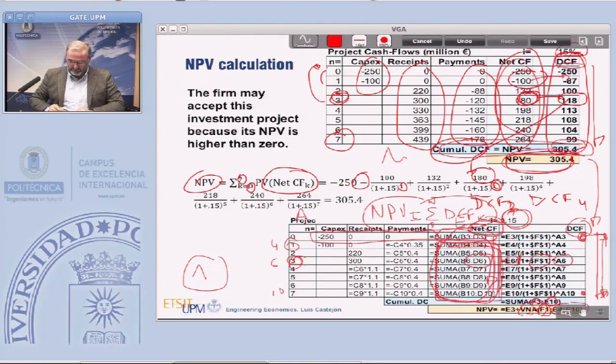And then to correctly calculate the net present value of the project, you add to this Excel formula the net cash flow of year 0, because year 0 has no discount factor, because it's 1. So, any question? By this way, you are able to apply the net present value calculation to any kind of project.